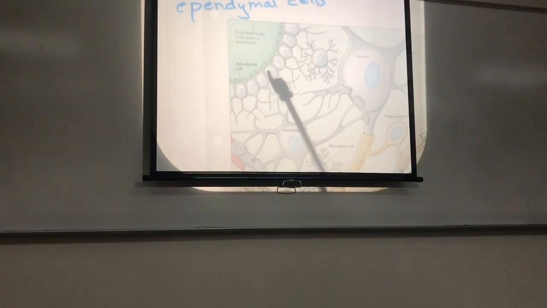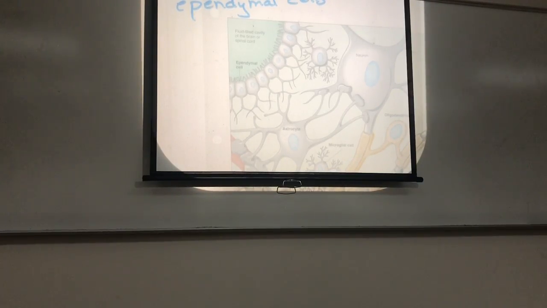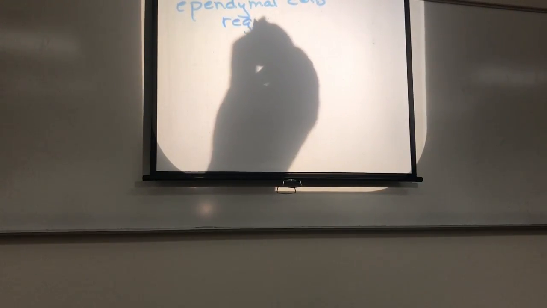These guys are called the ependymal cells. They line the ventricles. They line the aqueducts. They line the central canal of the spinal cord. The job they're performing is very much like an epithelial tissue. They help to regulate the composition of cerebrospinal fluid.